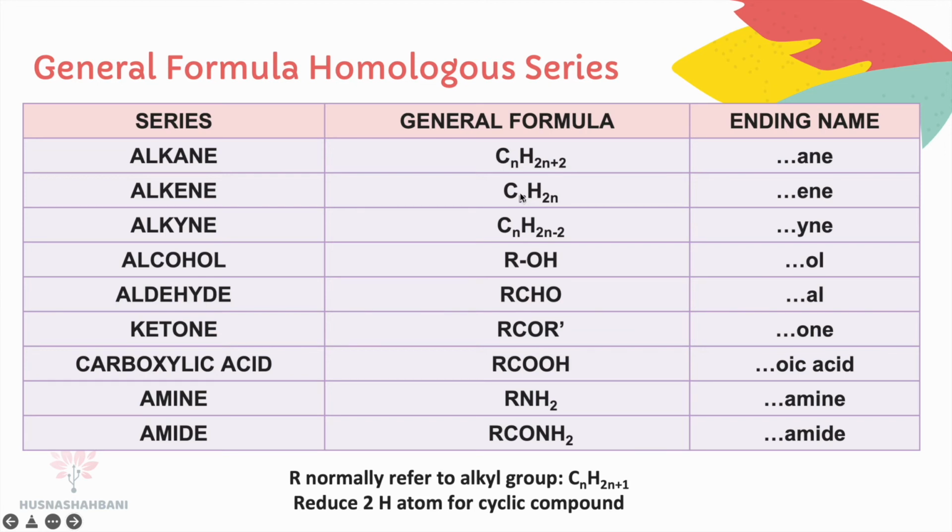So this n is the number of carbon. If you put 2 carbon here, the hydrogen will be 4. So for alkene, if that alkene has 2 carbon, that alkene has 4 hydrogen. So this is the general formula for alkene. Ending name ene. So we start with ethene, propene, butene.